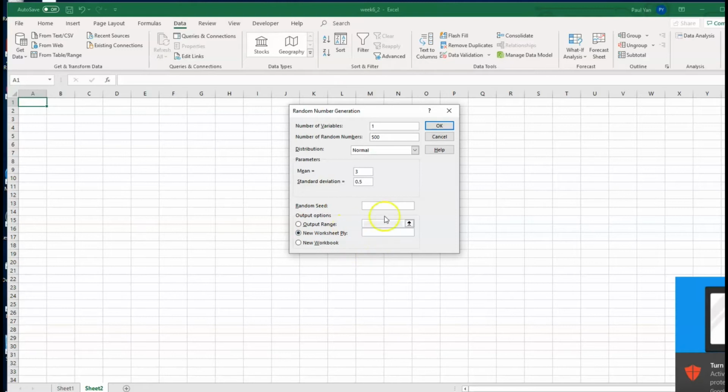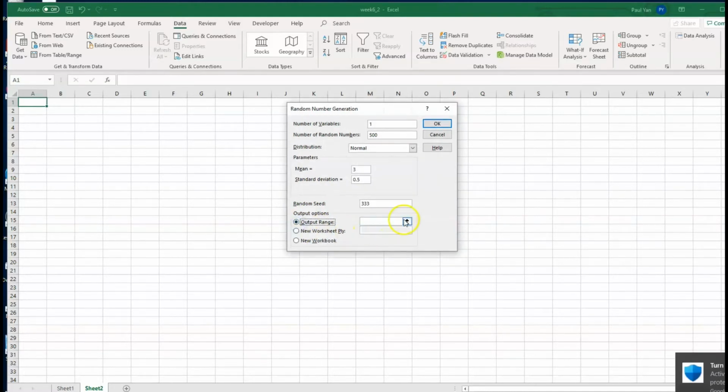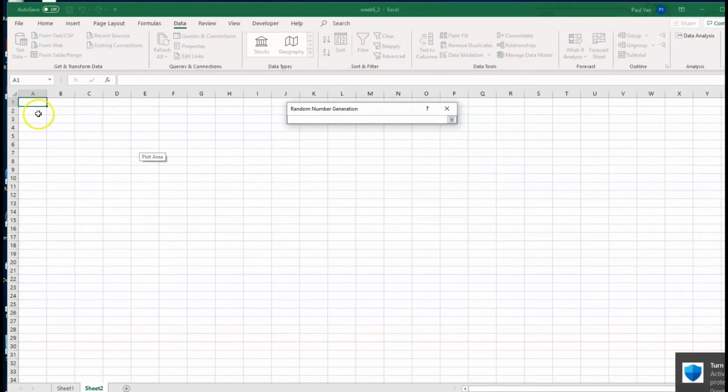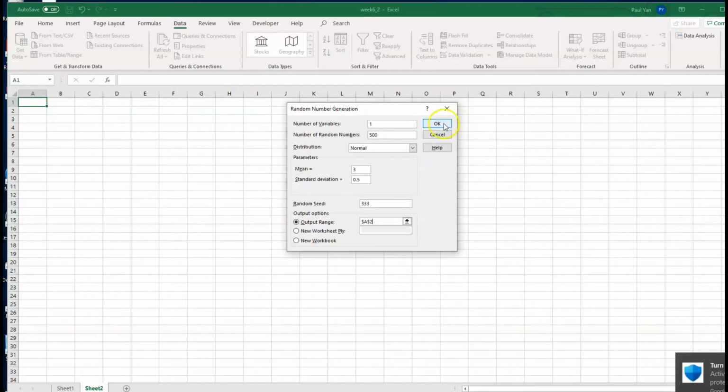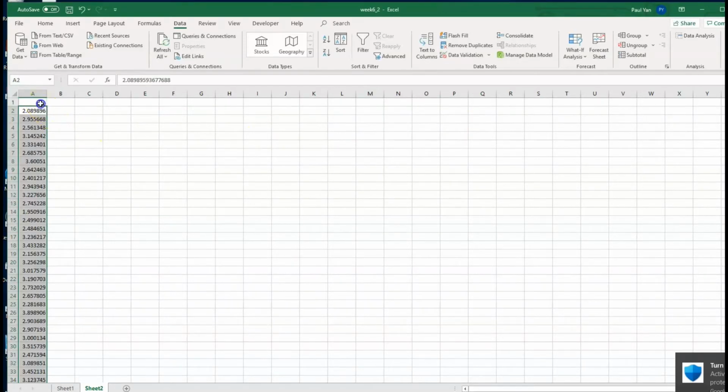If we want to generate the same set of random numbers, we use the same random seed. So we'll use 3, 3, 3, and for the output range, let's put it here and click OK. Let's call them X.